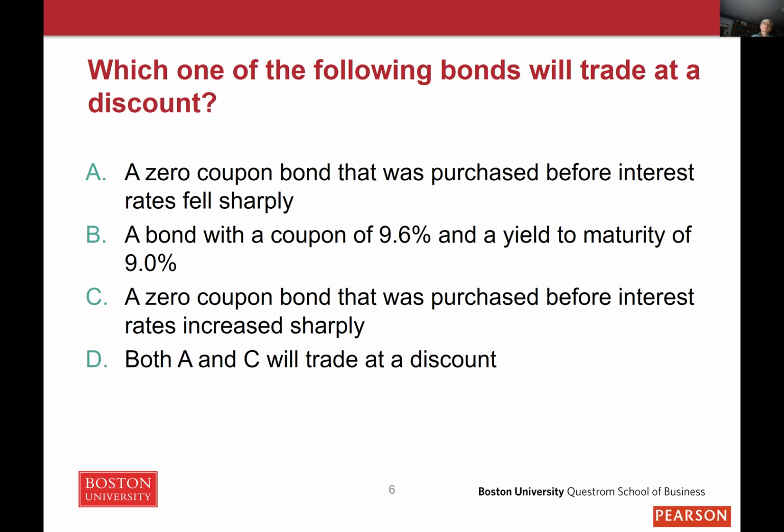So what's happening with this problem is that it's asking you which ones are going to trade at a discount. The two things it's playing around with are that a zero coupon bond always trades at a discount, and whenever the coupon is less than the yield to maturity, the bond is going to trade at a discount.